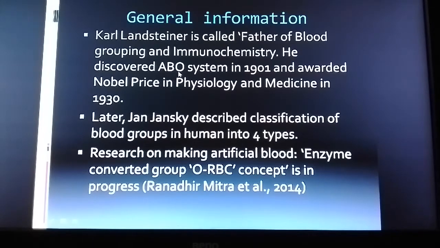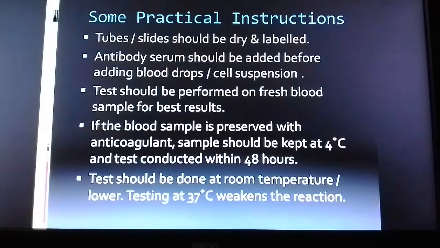Even though Karl Landsteiner first discovered it in 1901, later on it was described into 4 types, A, B, AB, O, by the scientist John. And nowadays research is going on to develop artificial blood, by removal of antigens, A antigen and B antigen, from the RBCs, to make it good as a universal donor.